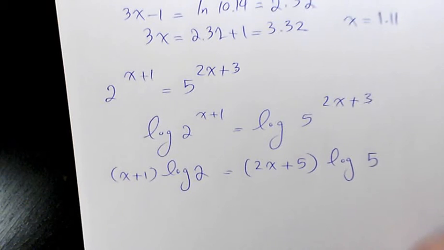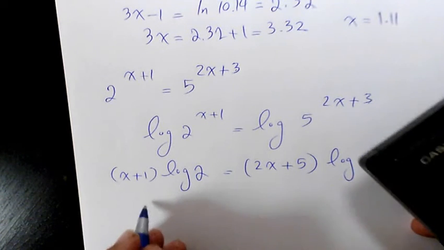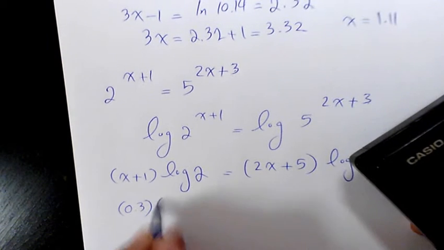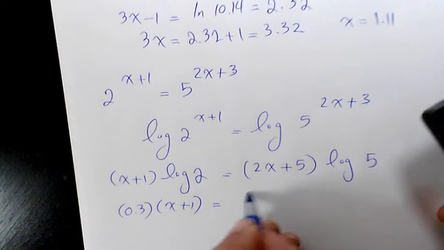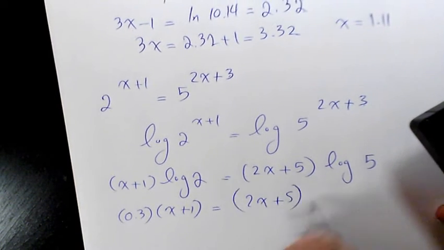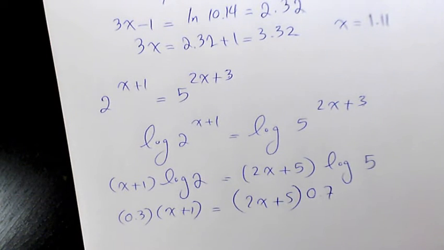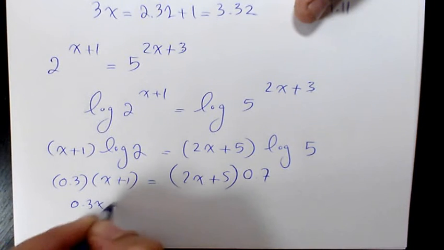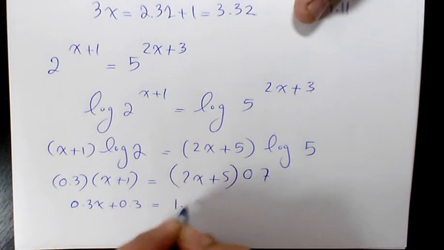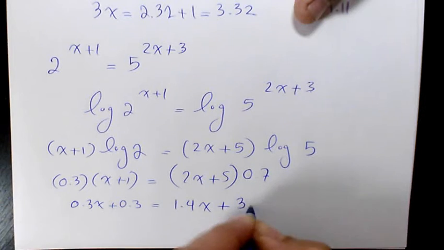So log 2 is 0.3, so it's going to be 0.3 times x plus 1. And here log 5 is going to be 0.7. So when we do it, it's going to be 0.3x plus 0.3 equals 1.4x plus 3.5.